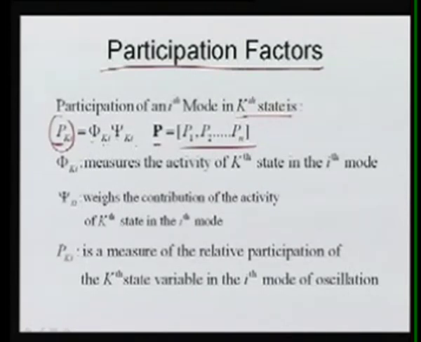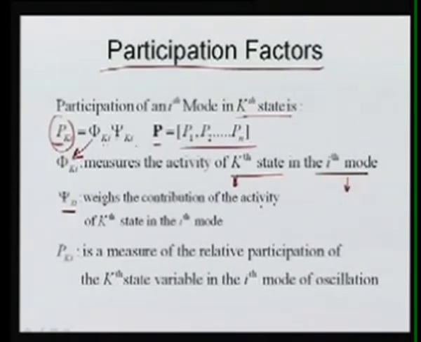So this represents phi ki. It measures the activity of the kth state in the ith mode. This gives information on how active the kth state is in your ith mode. This psi ki weighs the contribution of activity.